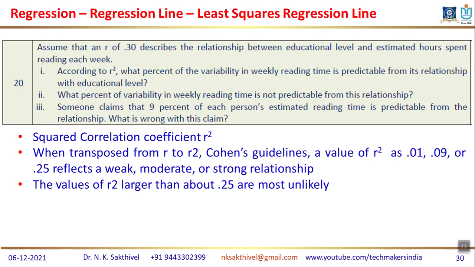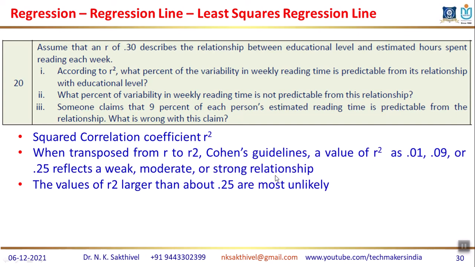So there are three ranges. A value near 0.01 is a weak relationship. A value in the range of 0.09, that means 9%, is moderate. If the R squared value is nearer to 0.25, it is a strong relationship.